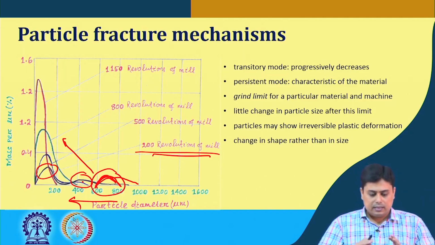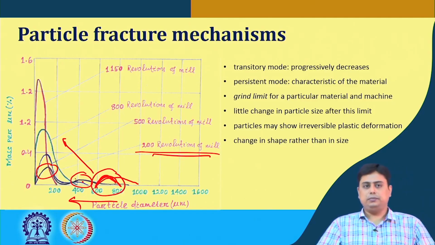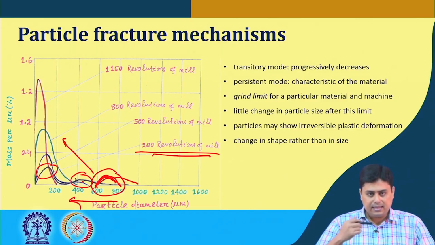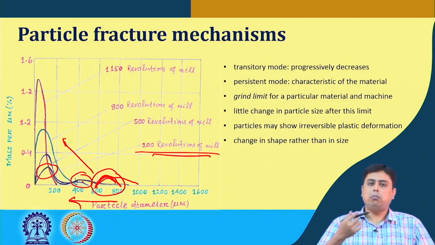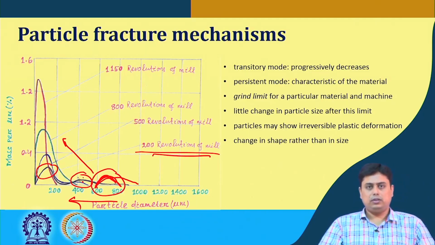So, the size distribution will have two peaks initially, and as the intensity or the power of crushing is increased, that first mode or the first bump will decrease, giving a single mode size distribution.